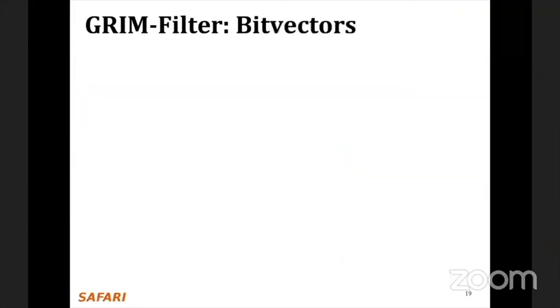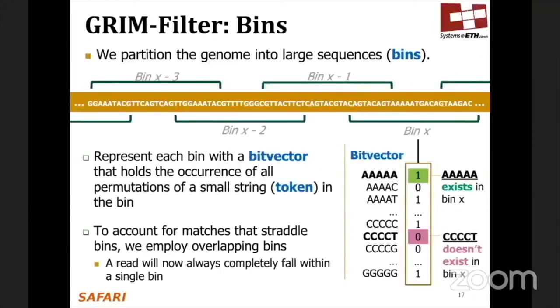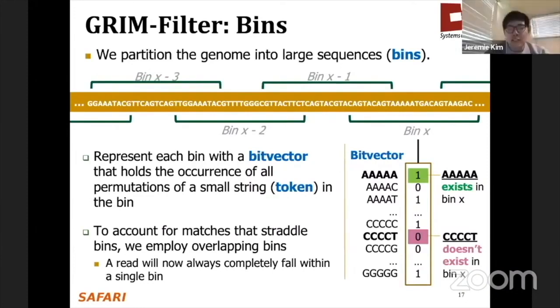Jeremie? Yes. How do we decide on the size of the bin itself and the token? Yeah, so obviously there's more information if you have less populated bit vectors, and so you can extract more information. Obviously, if the bin's too large, the bit vector will likely be all ones.